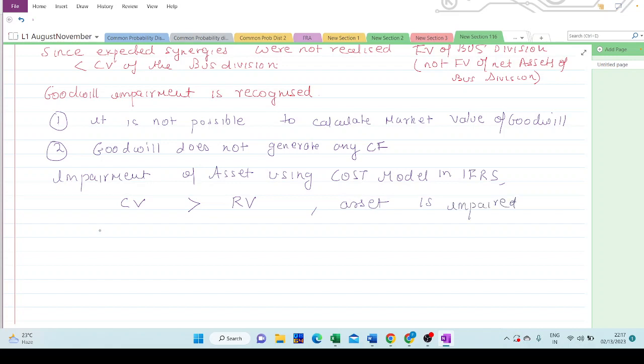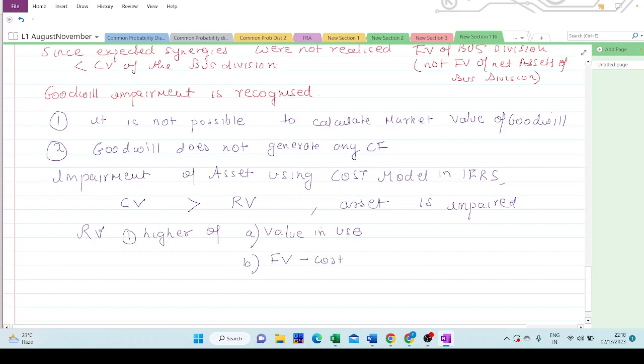Now I am going to the level 1 discussion on asset impairment. What was recoverable value? It was the higher of A, value in use, and B, fair value minus cost to sell. So recoverable value was the higher of the two.